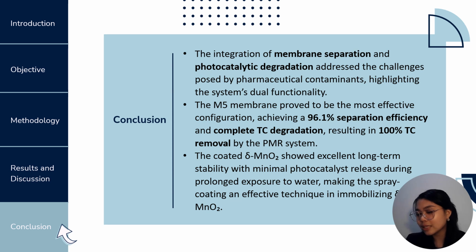In conclusion, we can see that this hybrid system is very much efficient and effective because we obtain 96.1% separation efficiency and complete TC degradation, meaning we have a complete TC removal with the PMR system. Not only that, it is also stable, making it economically sustainable.